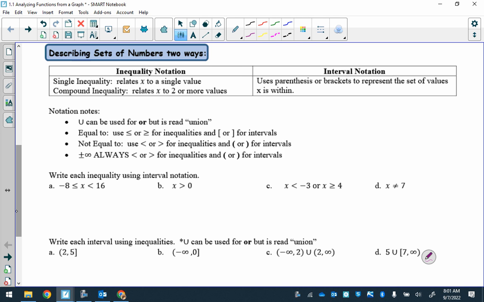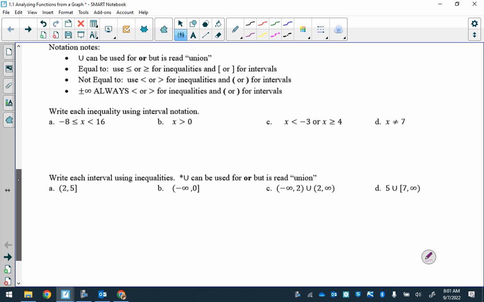Not equal to has the less than or greater than without the bar underneath, and that's equivalent to parentheses. Which two numbers per se will always have parentheses with them in terms of notation? Excellent. Negative and positive infinity will always have parentheses. Okay? And it was right here, the next line. But yes, it would always have parentheses.